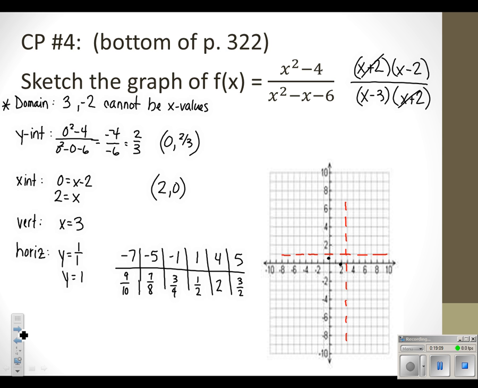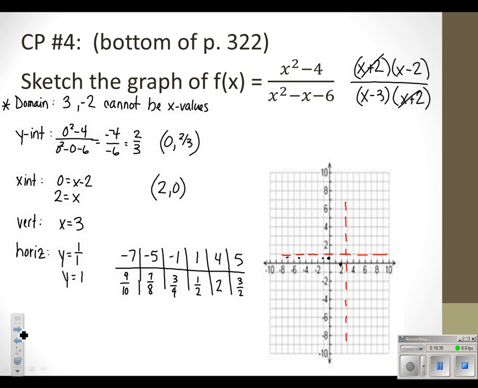Okay, so when you're graphing these, try to make it look like that. So at -7, we're awfully close to the 1 line, and we go to -5, we're just a little bit further away, and at -1, we're just a little bit further away. And then, of course, we know that at 0, we're at 2/3, and at 2, we're at 0.